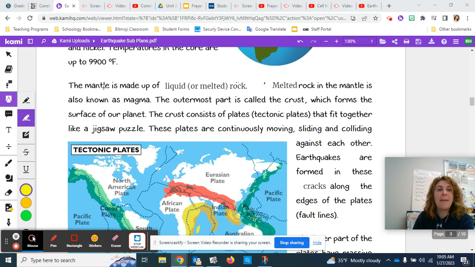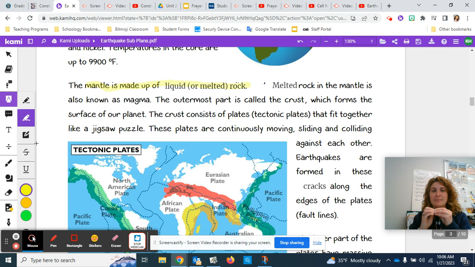So, the mantle, la segunda capa, is mantle. It is made of liquid or melted rock. The mantle is made of liquid or melted rock. Melted rock is known as magma. Las palabras están igual, right?